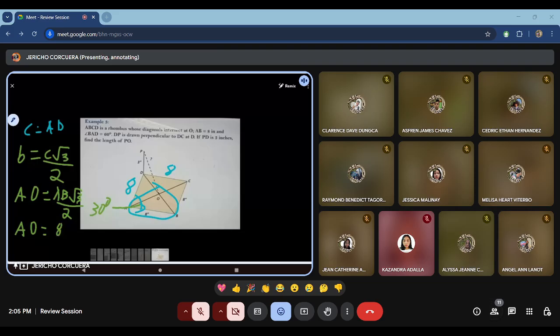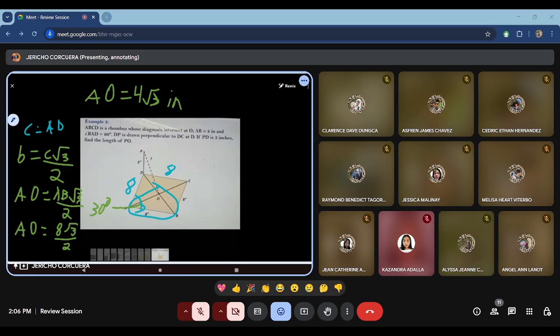So the value of line AO is equal to 4 square root of 3 inches. And since this is a 30-60-90, line OB and line DO is 4. If you remember 1, 2, square root of 3, the opposite of 30 degrees is equal to 1, the hypotenuse is 2, and the adjacent is square root of 3. That goes the same here.